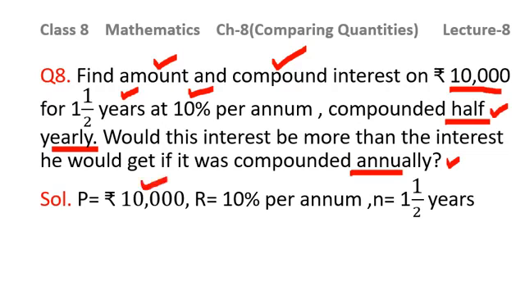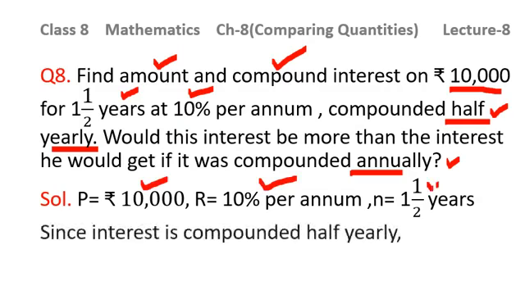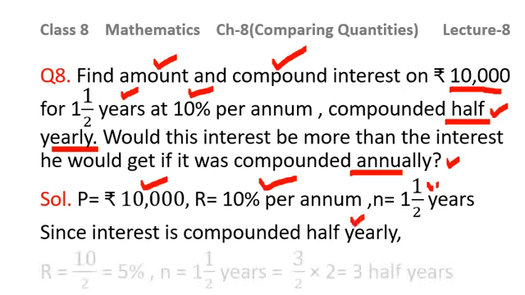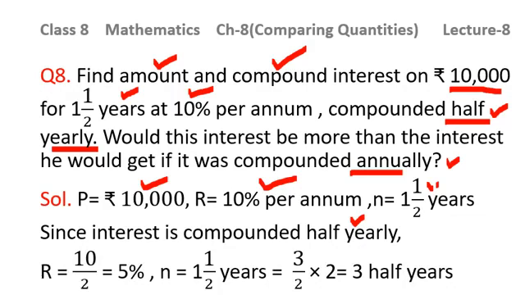Principal is 10,000, rate is 10% per annum, time is 1.5 years. Since the interest is compounded half yearly, we are taking first the case of half yearly. Then as we know that we need to divide the rate by 2. So 10% was the rate of interest. So it should be divided by 2. So you will be getting 5% as the rate of interest now.